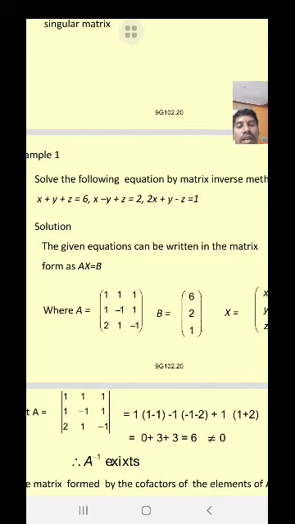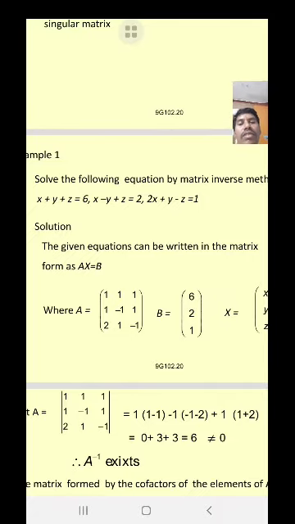So A equals 1 1 1 in the first row, 1 minus 1 1 in the second row, and 2 1 minus 1 in the third row. This is matrix A. Next, B, the right side constant terms: 6 2 1. This is a column matrix.